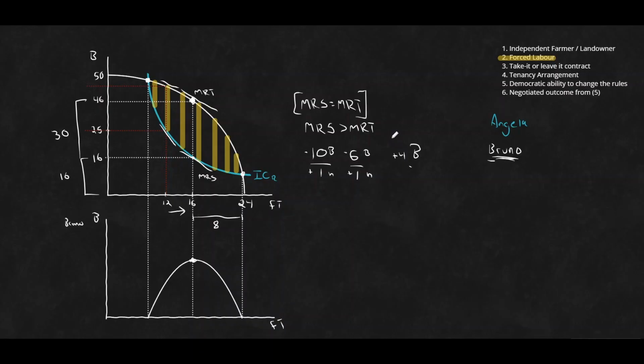The big difference here is instead of Angela just getting all of this benefit, we now have a distributional impact where Angela is only getting 16 bushels and Bruno, by utilizing her forced labor, extracts 30 bushels of wheat from her. So we see the impact of forced or slave labor.